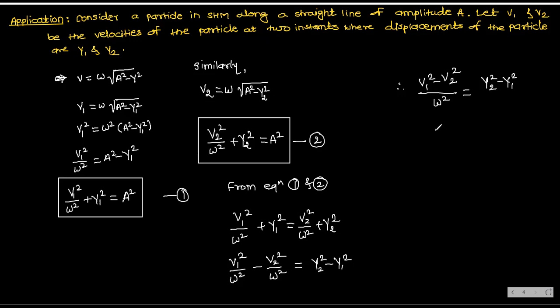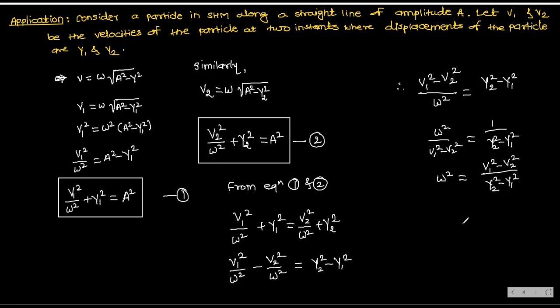Taking reciprocal, omega square by v1 square minus v2 square is equal to 1 by y2 square minus y1 square. Transfer this term this side. So omega square is equal to v1 square minus v2 square by y2 square minus y1 square.